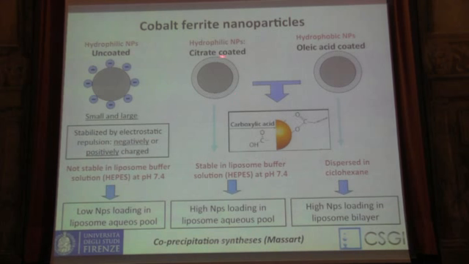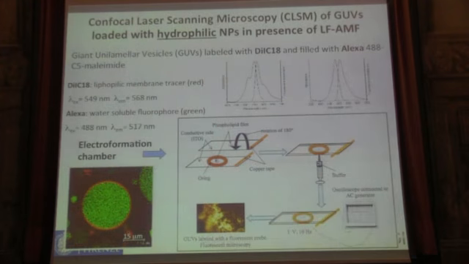If you coat with a layer like citrate, which is large enough, you can decrease the interaction among particles and stabilize the system, or you can coat with another system, like oleic acid. So at this point, you have a library of particles that you can use for specific applications, and you can easily detect the particles in different ways.